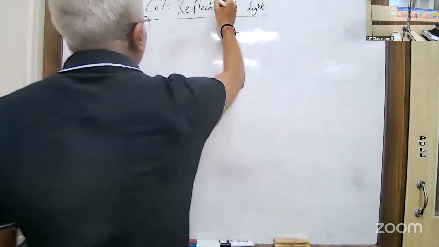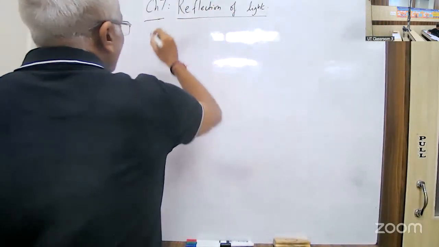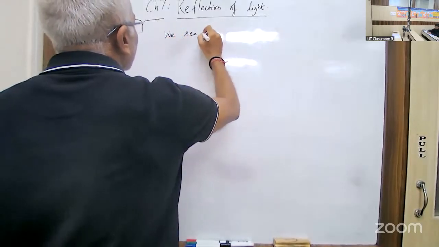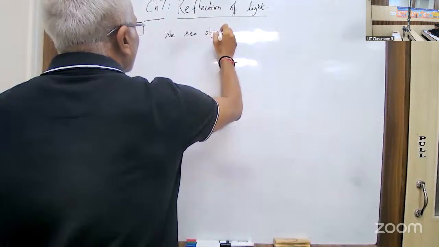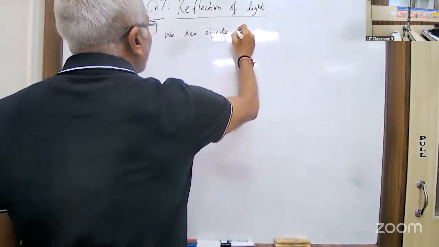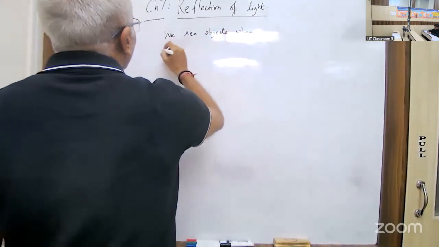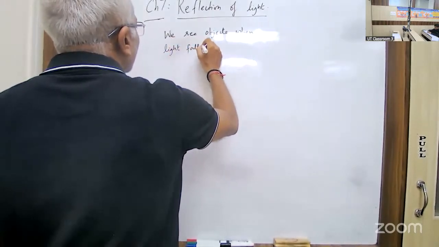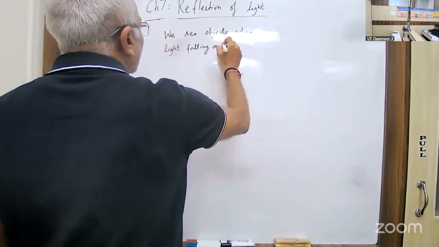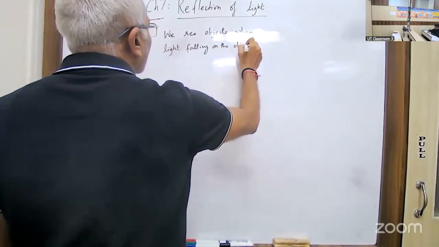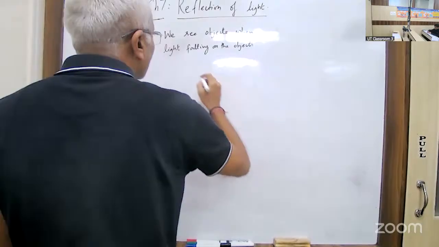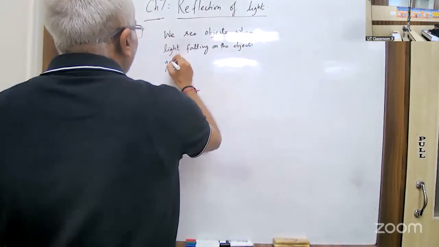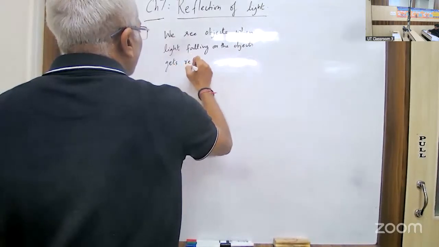So we have to understand what is reflection, right? We see things or objects when light falling on the object gets reflected towards us.